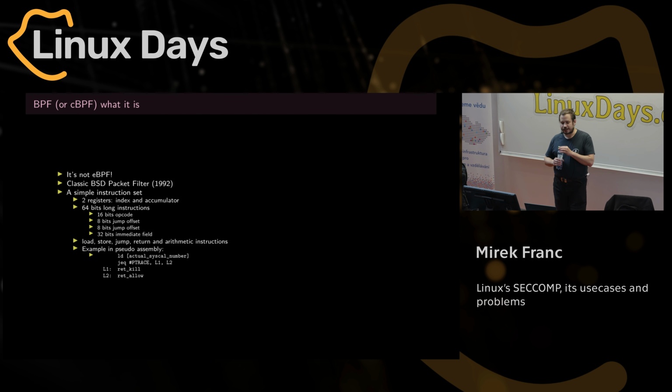What is important here is how it looks. I have an example of a CBPF program. I need to point out that this is not how you actually write CBPF programs. This is just a conceptual example, because there's no compiler that targets this. So you have 4 lines.